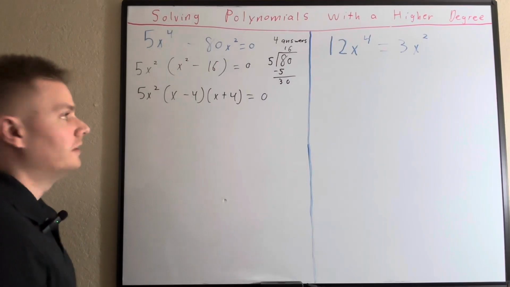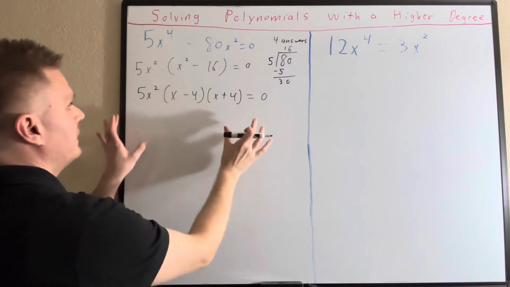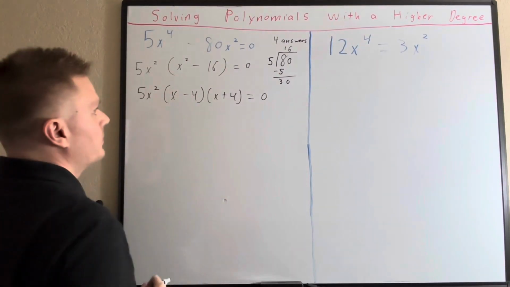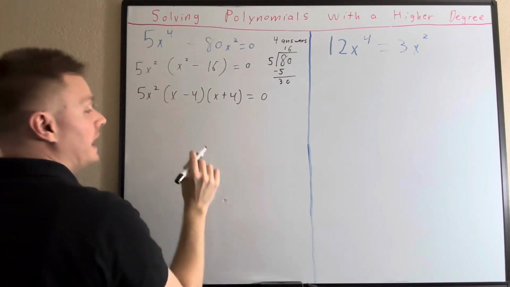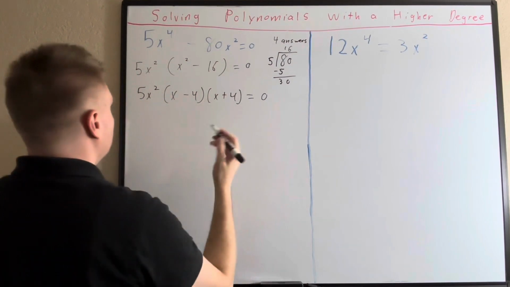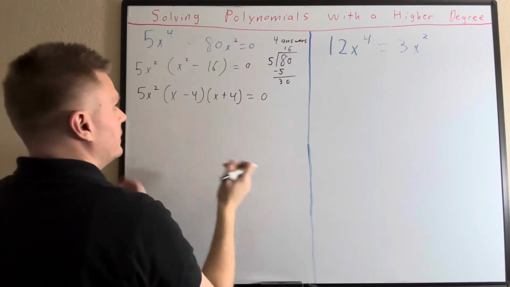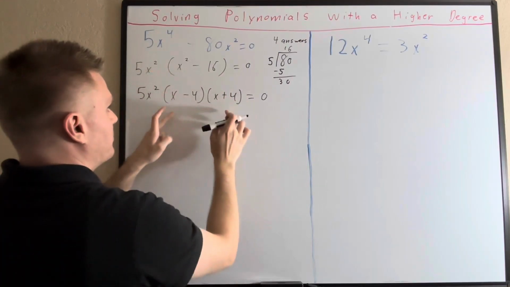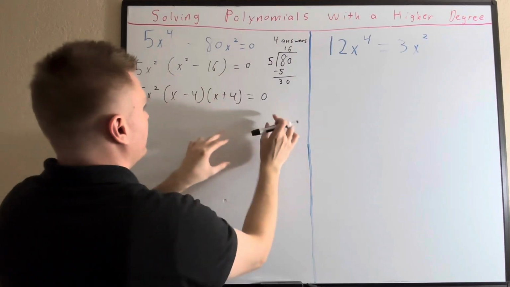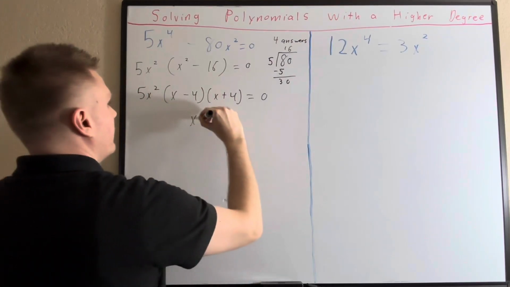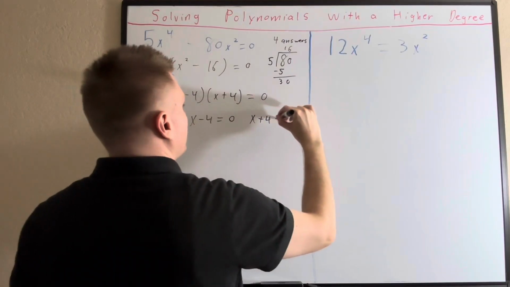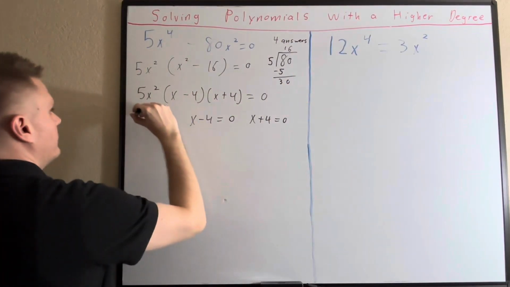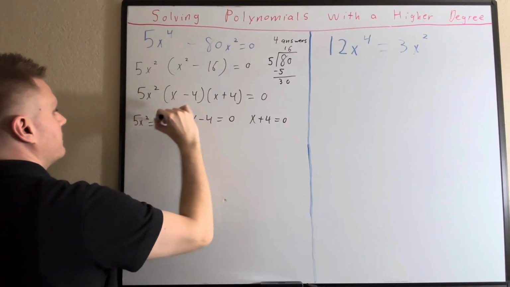Now I think we're ready to solve it. We've completely factored it out. We can't factor it anymore. So we set each of the factors equal to 0, just like we would do with a difference of perfect squares. Only this time, one of those factors is 5x squared.